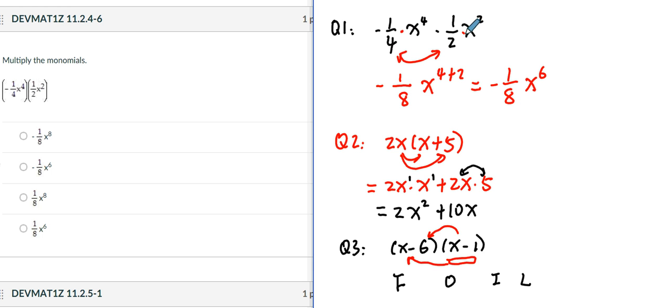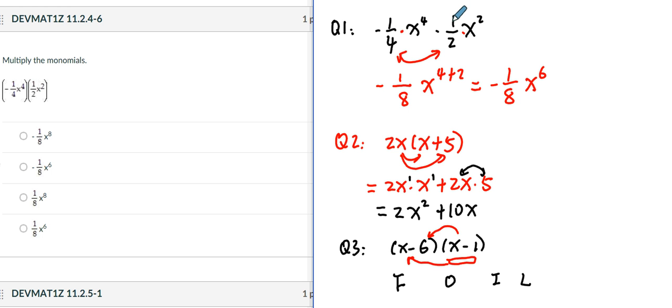Between 1/2 and x squared is also multiplication. So actually right here we have four numbers times each other. Then negative 1/4 times 1/2 gives you negative 1/8.